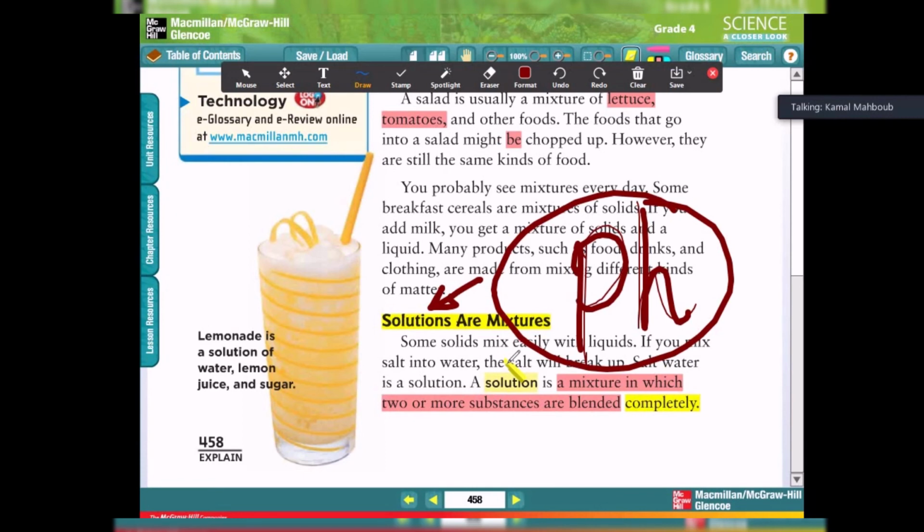Okay, but in general, solution is physical change. And also, if you remember, we said that mixture is a physical change and solution is a kind of mixture, so that solution is also a physical change. Because, guys, when we say dissolve in water, we are talking about physical change taking place.